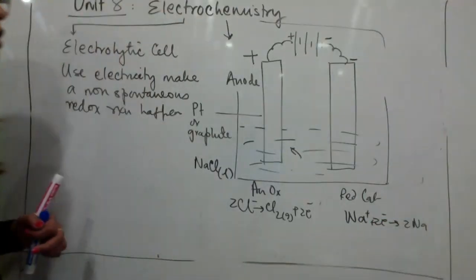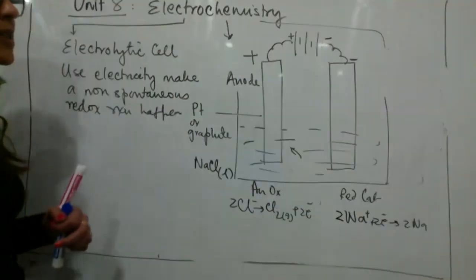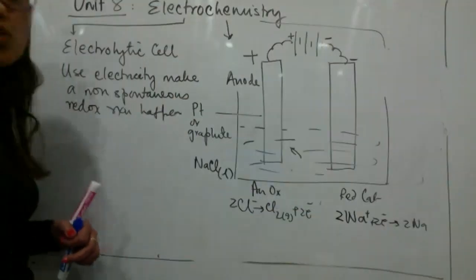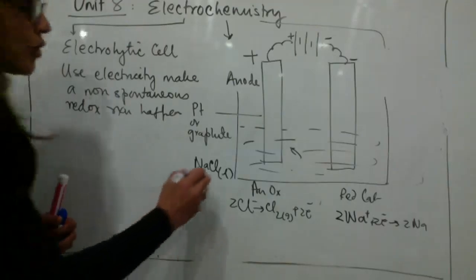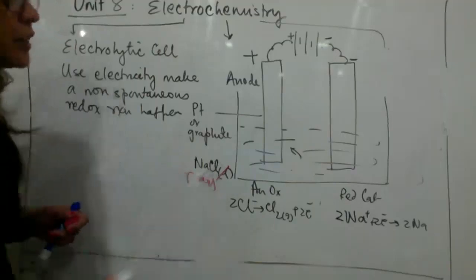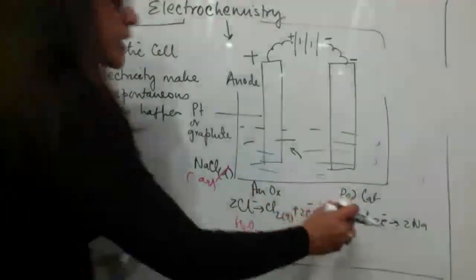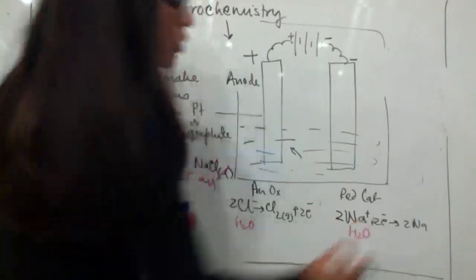Overall: 2Na+ plus 2Cl- gives you 2Na plus Cl2. If it was aqueous NaCl, then what's going to happen at the anode? Water will compete with chloride, and at the cathode, water will compete with sodium.